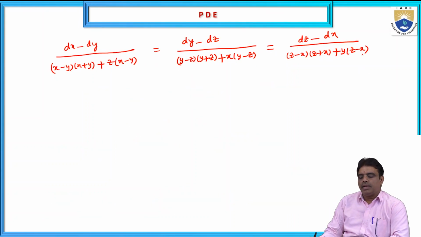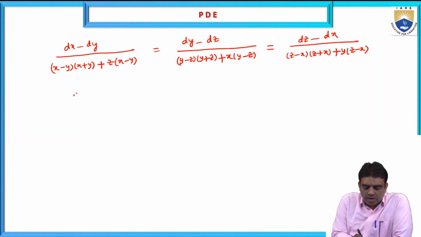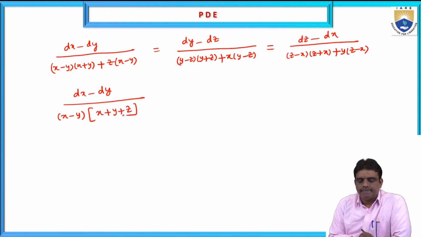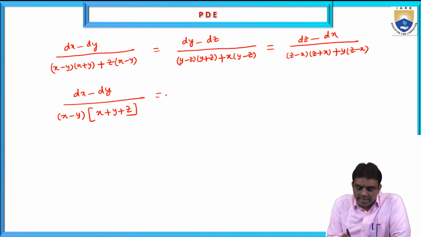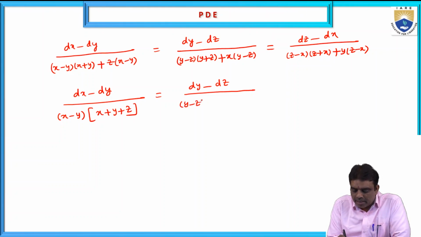Just I am rewriting. So you can take x minus y as common term in the first term of the above equation. X minus y I can take outside. Then you will get common term x plus y plus z. Similarly, in the second term of the above equation, dy minus dz, y minus z is a common factor.